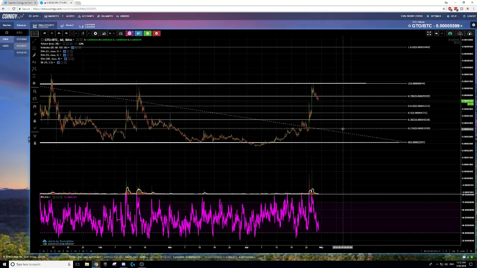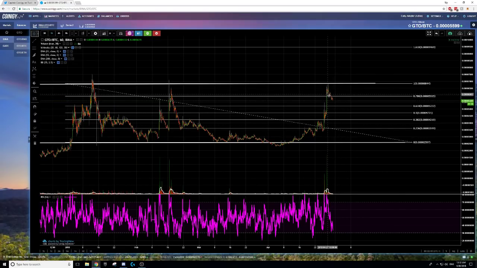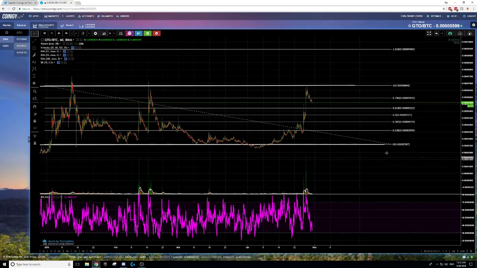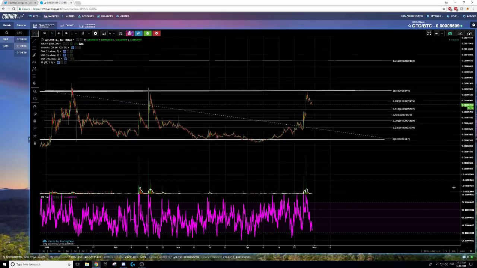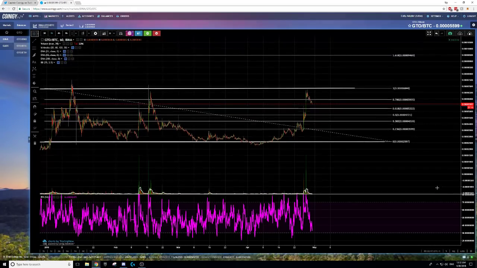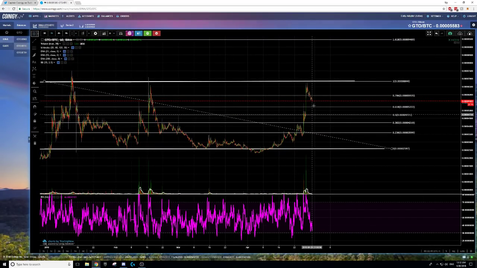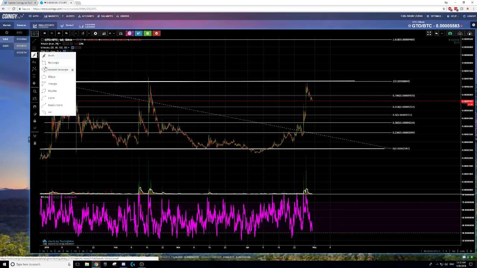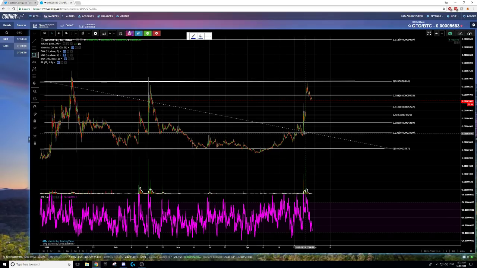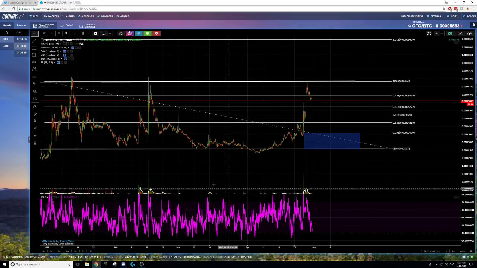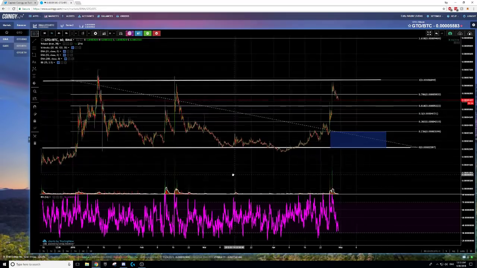So things aren't looking too great. I don't know anything about this project fundamentally, if they have anything coming out, but purely from a technical standpoint, I would only start buying this project when it came back down somewhere in this area. Just because, looking at this, you hit the top and you come all the way back down to the bottom, and that's just how it trades. It's how it ranges.